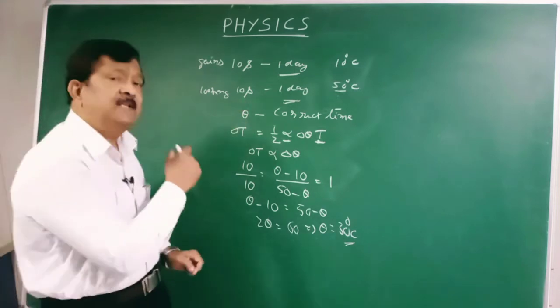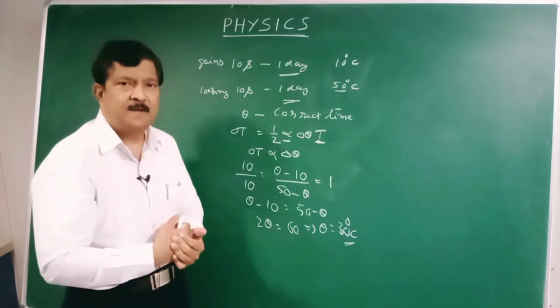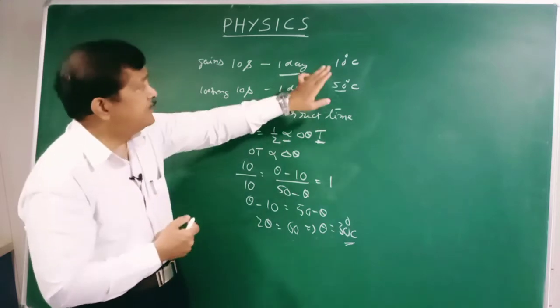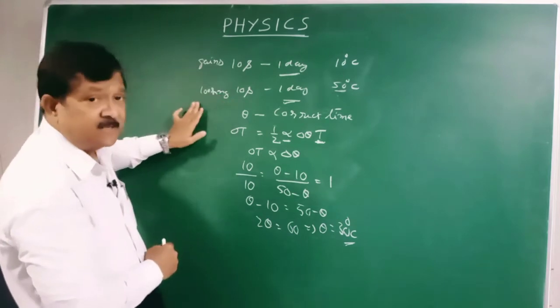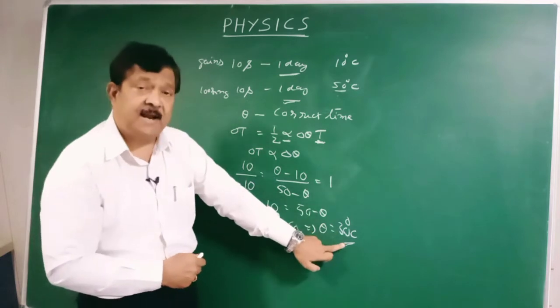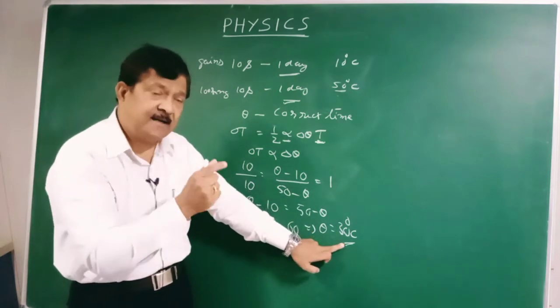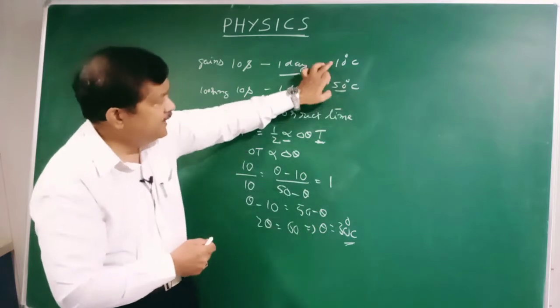So while doing this problem, we have to remember one important point. Considering the temperature at which it is gaining time, the temperature at which it is losing time, and the temperature at which it shows the correct time, the correct-time temperature lies between these two.